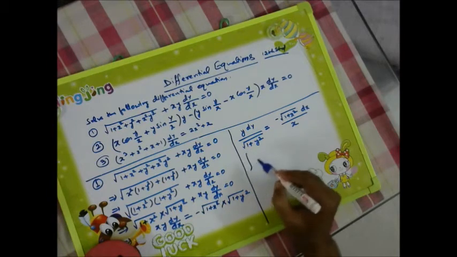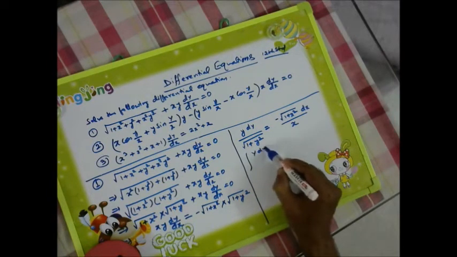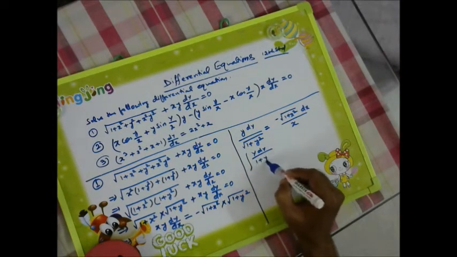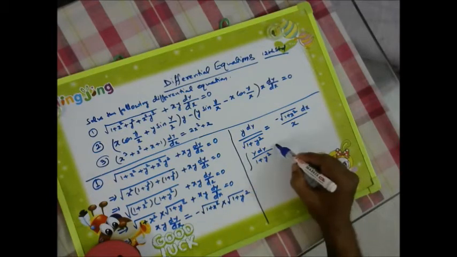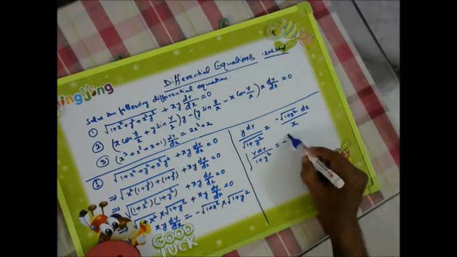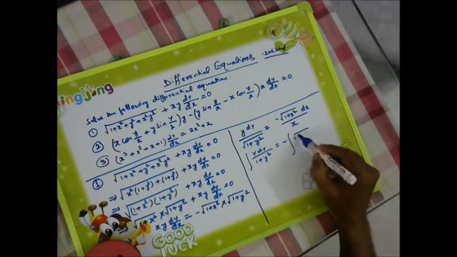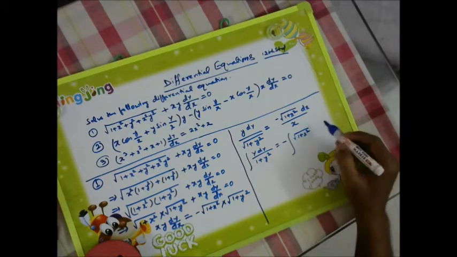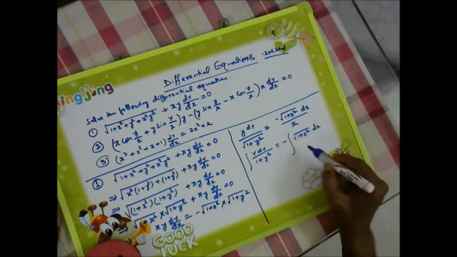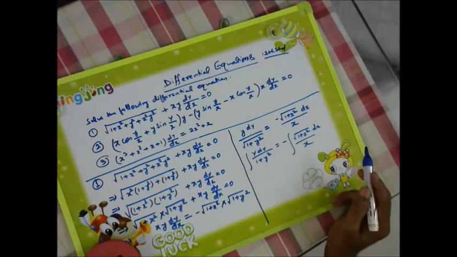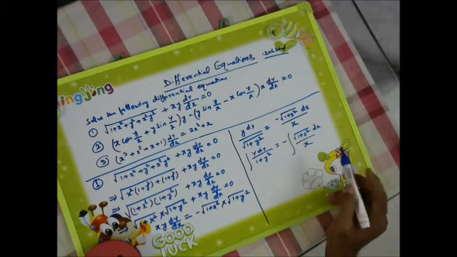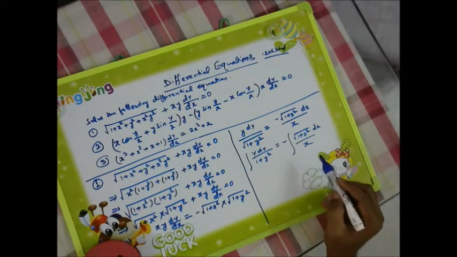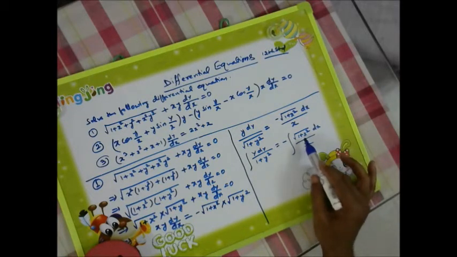So if we are going for integration, integration of y dy by 1 plus y square is equal to minus integration of whole root 1 plus x square dx divided by x. Okay. So I hope this part everybody has understood. How it is done?